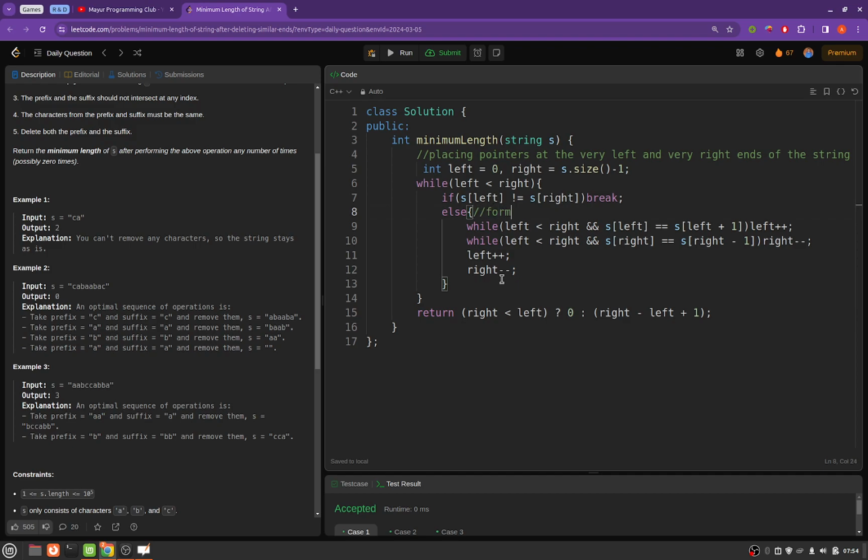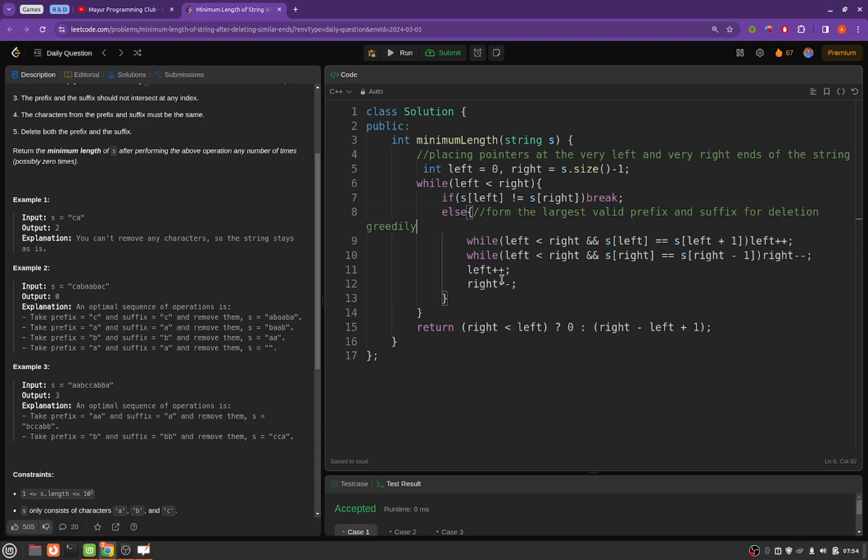Okay, form the largest valid prefix and suffix for deletion greedily, so that the remaining length of the string is minimum after deletion of prefix and suffix.